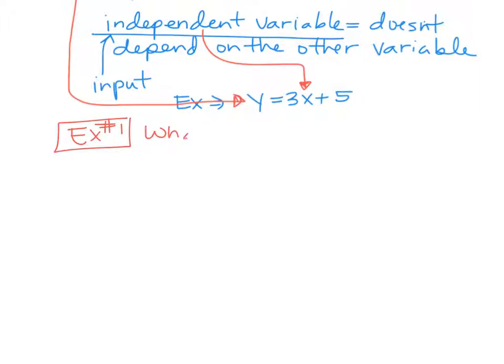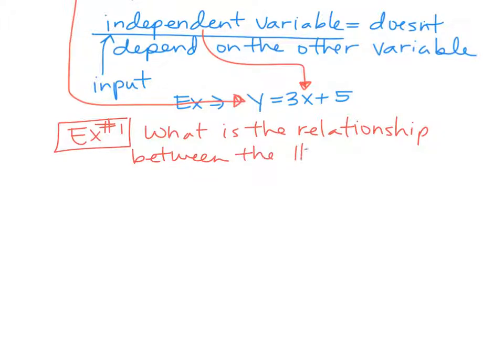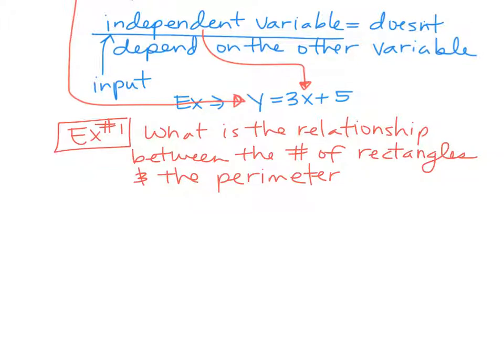Okay, what is the relationship between the number of rectangles and the perimeter? Okay, so the perimeter of some setup depends on how many rectangles we're putting in the figure.